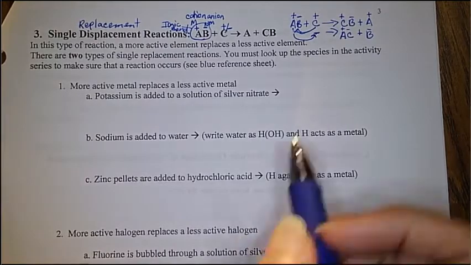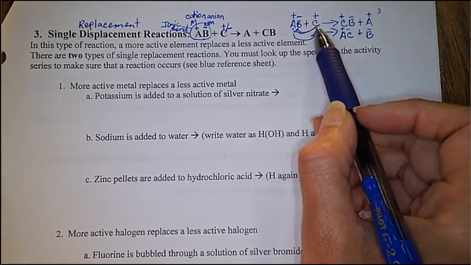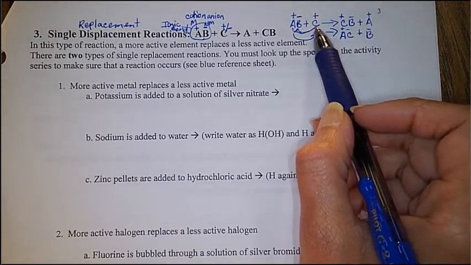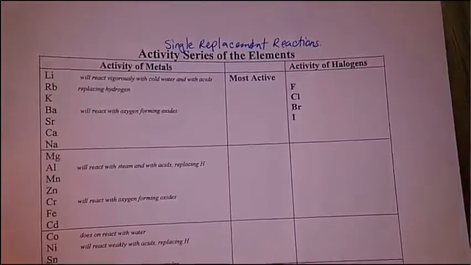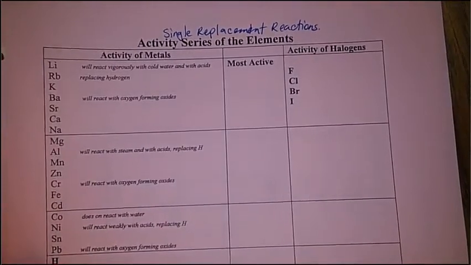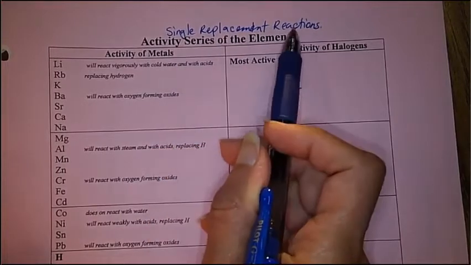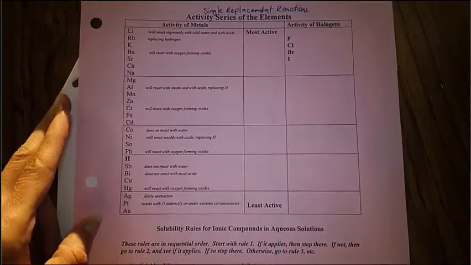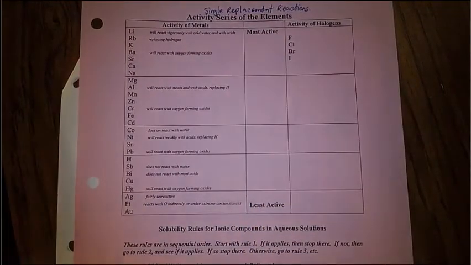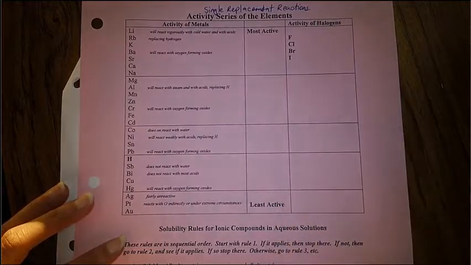Okay? So in order to determine whether this reaction is going to take place, depending on whether it's a reactive enough metal or a reactive enough nonmetal, you need to look at your activity series chart. On top of your activity series chart, go ahead and write single replacement reactions, because that is what we're really going to be using this for. We're going to be using this for only single replacement reactions. Okay, so the way that you use this is that you have the metals on one side and your nonmetals on the other side.